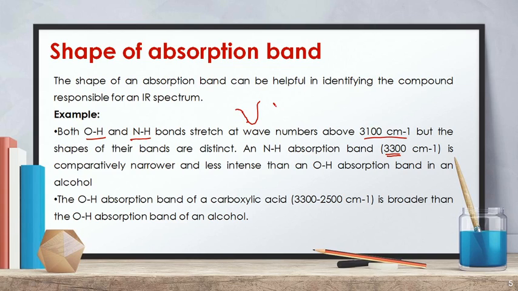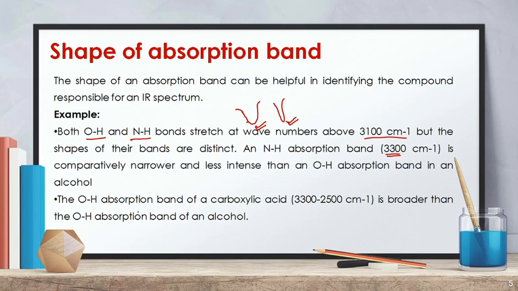Narrow means it will look like a sharp band. So see here, the shape is different, right? It will look in a narrow manner and it looks in a broader manner. So by seeing the two bands at the same value, we can differentiate that this is for NH and this is for OH. Like that we can differentiate the peaks.